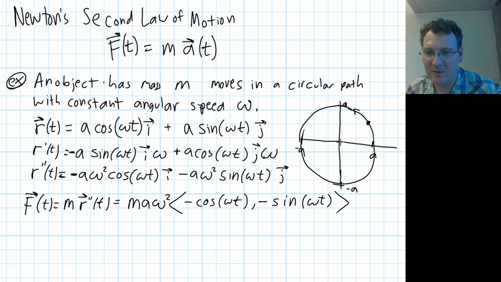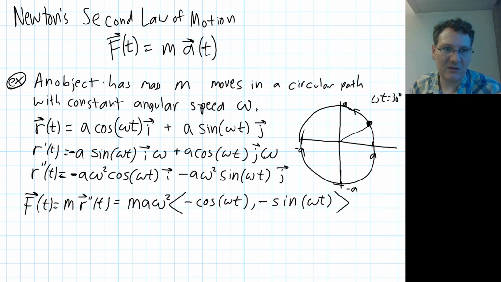Let's say, for example, omega t is equal to 30 degrees, so this thing is at this point, the acceleration is going to be in the direction of the negative cosine of 30 degrees, which means this is going to be the direction of the acceleration.